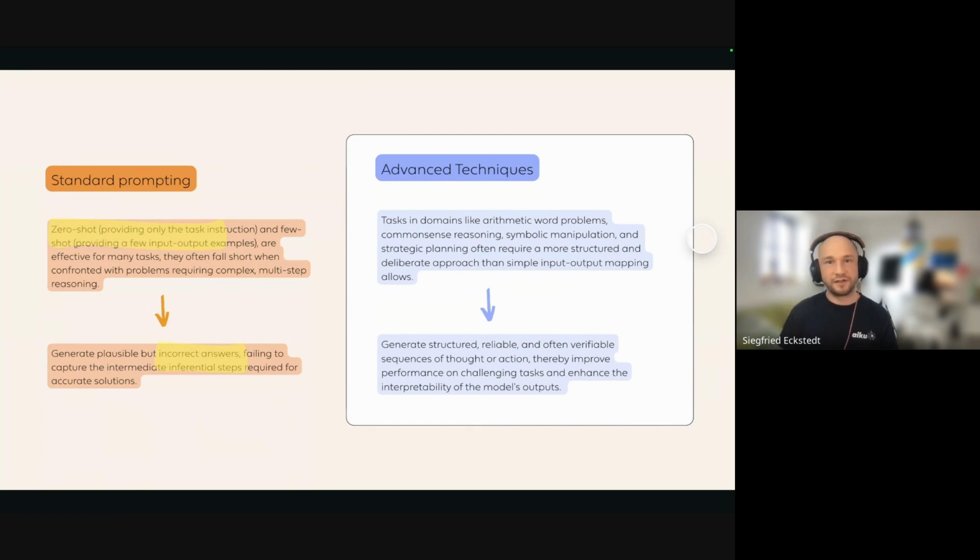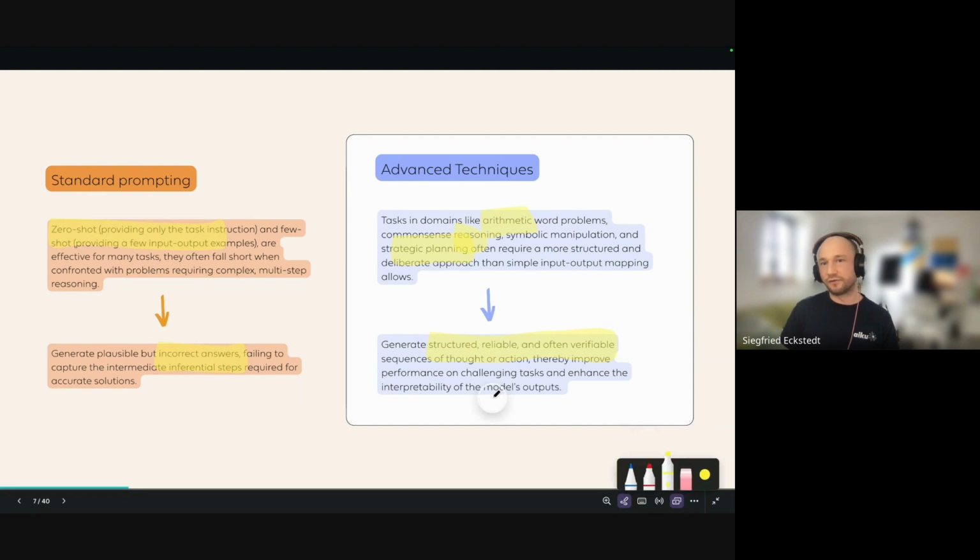So these in general can help with tasks in the domains that require you to dive deeper a little bit. Be it with arithmetics or with reasoning, with strategic planning and so on, you usually require a more structured approach and just go beyond the few-shot input-output examples to get structured, reliable, and verifiable outcomes.